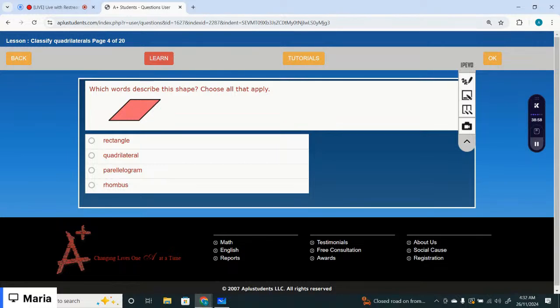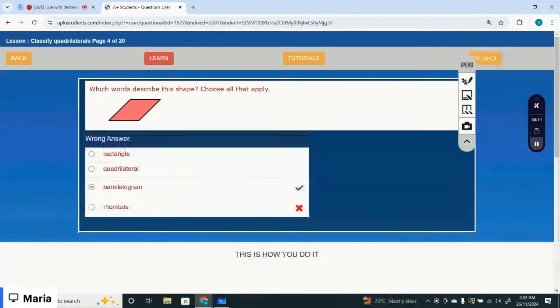Which is the correct option? Parallelogram, it is not a rhombus, because the opposite sides are parallel, so that is a parallelogram.